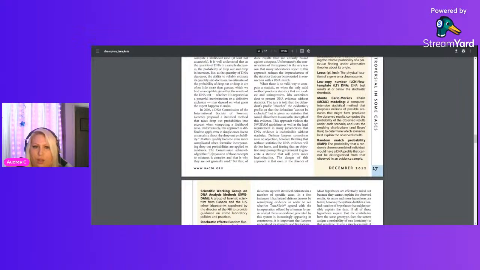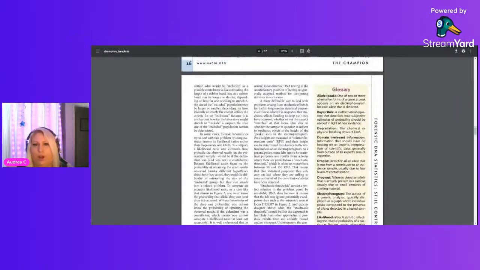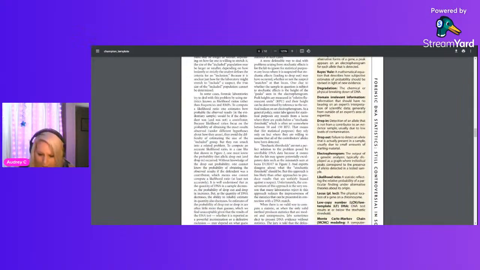The Commission acknowledged that expansion of these concepts to mixtures is complex, and that is why they are not generally used. But that, of course, leaves forensic DNA testing in an unsatisfactory position of having no generally accepted method for computing statistics in such cases.